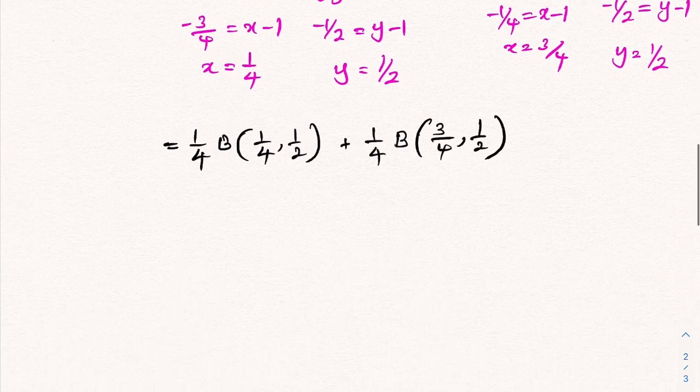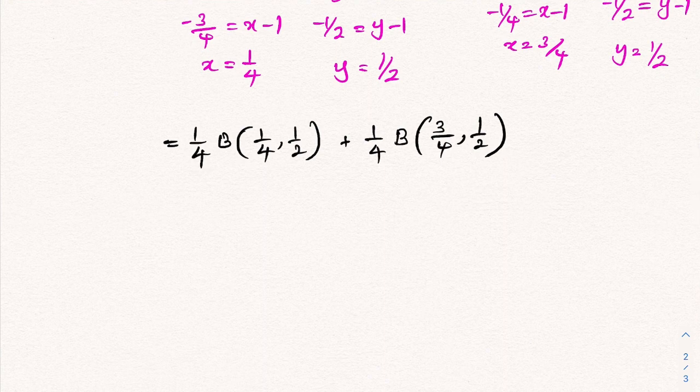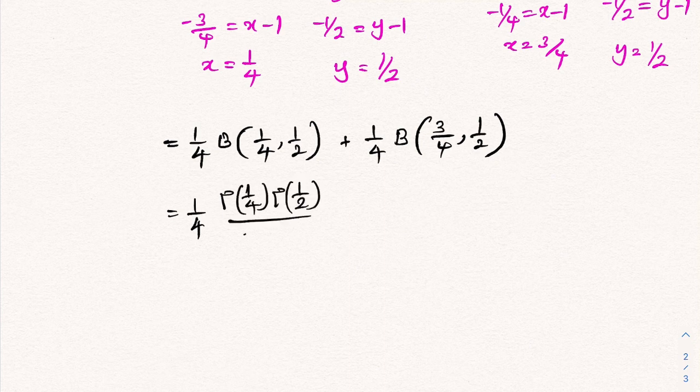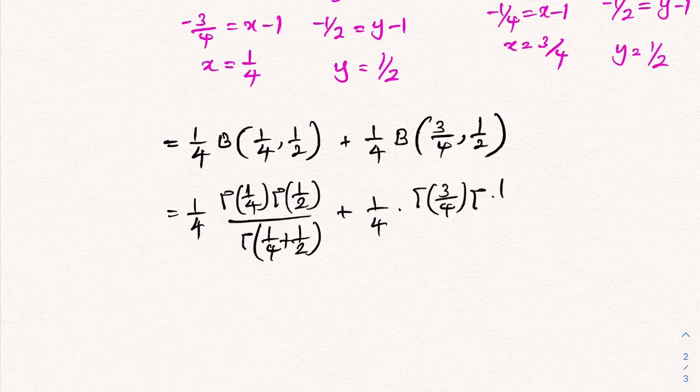Now we know the relation between the beta function and the gamma function. So 1 over 4 times gamma of 1 over 4 times gamma of 1 half over gamma of 1 over 4 plus 1 over 2, plus 1 over 4 times gamma of 3 over 4 times gamma of 1 half over gamma of 3 over 4 plus 1 half.